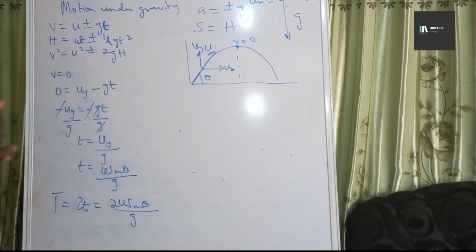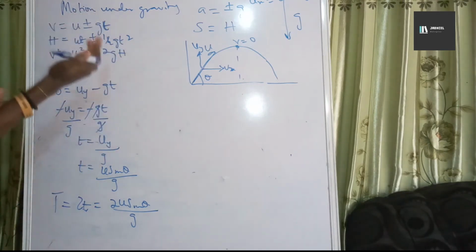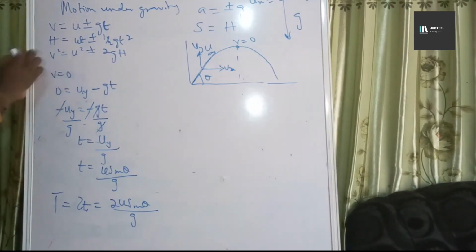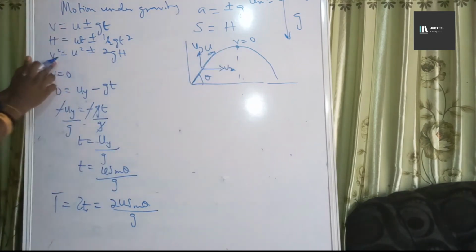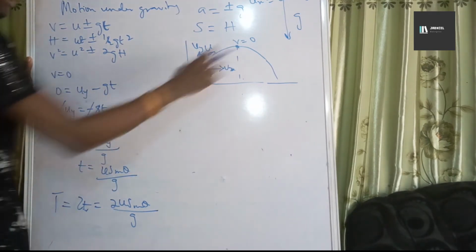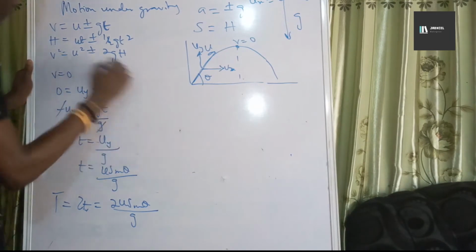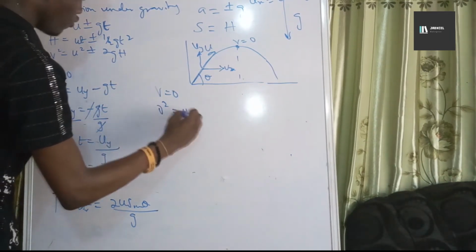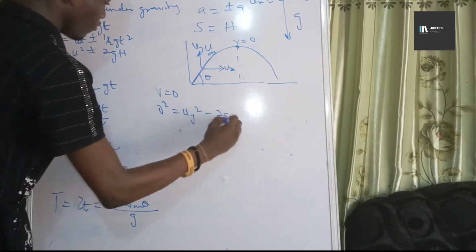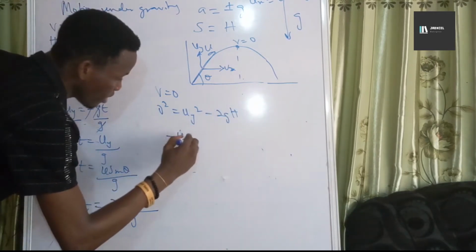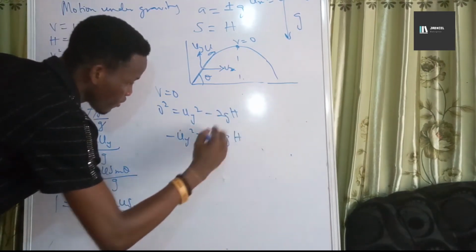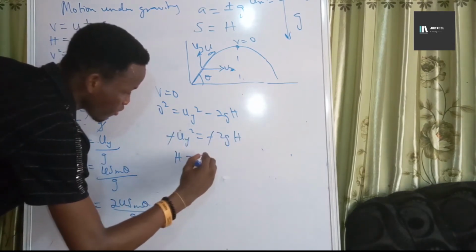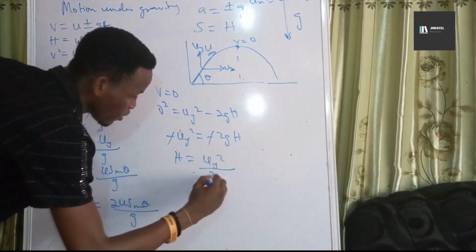So we have that. Now, the other thing we could look at is our maximum height and our horizontal range. So what is our maximum height from here? Using our third equation of motion, since we are dealing with our vertical motion, at maximum height our final velocity v is equal to 0. So we have 0 squared is equal to uy squared minus 2gh.